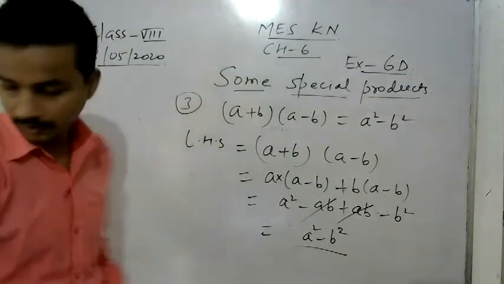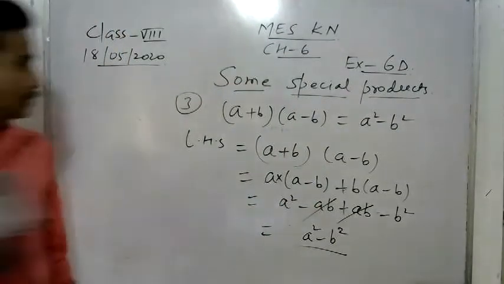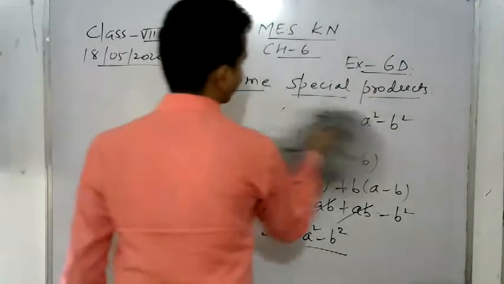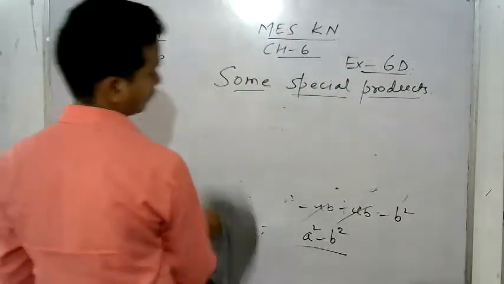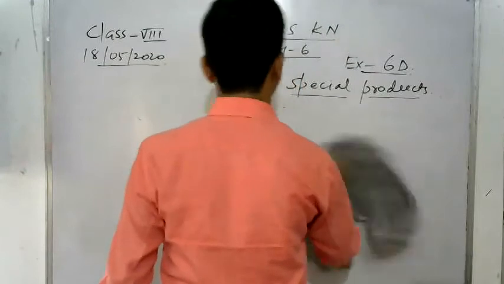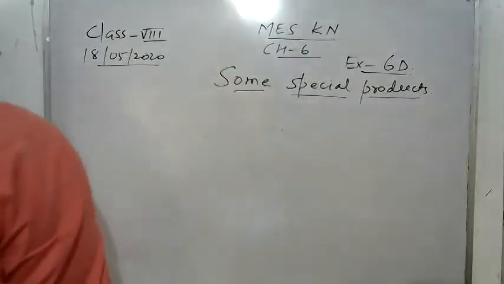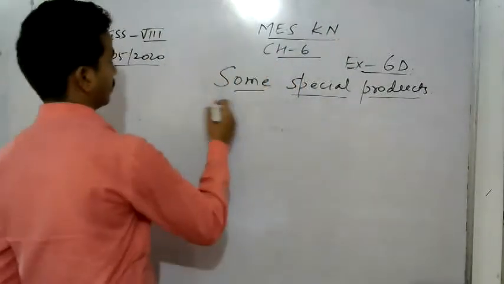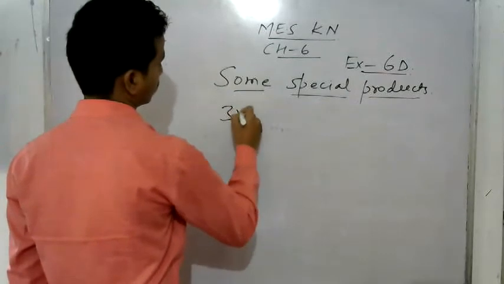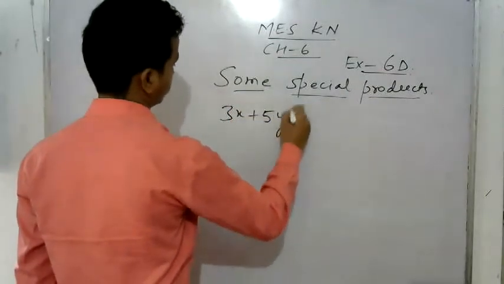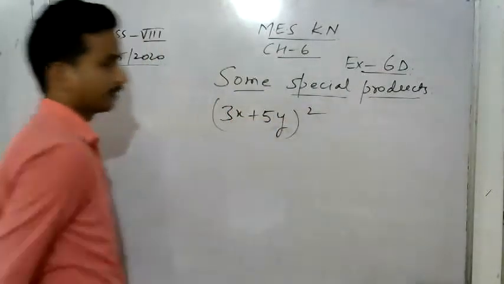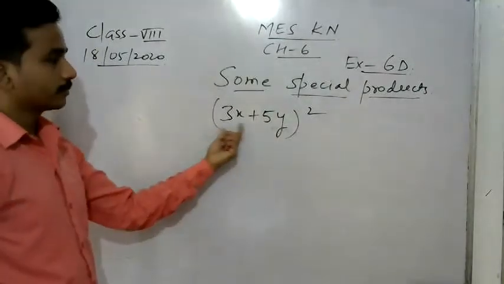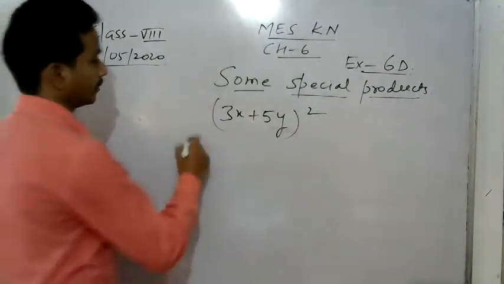You have to remember the formula. Now we will see some examples. Suppose (3x plus 5y) whole square is given. How will we solve it?